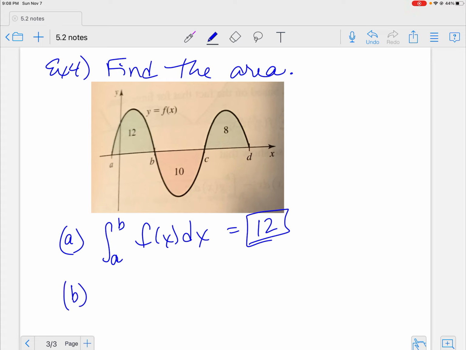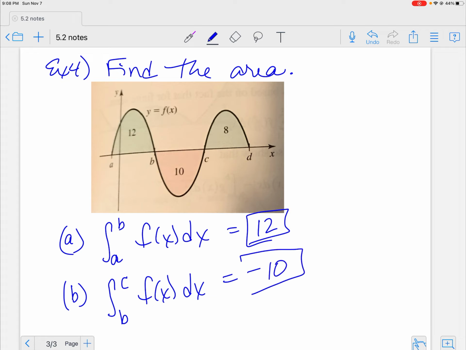Okay, what if I want to integrate from B to C of my function? What is that? That is below the x-axis, so what is that net area? Negative 10. It is okay to have an area of negative. That represents below the x-axis, right?